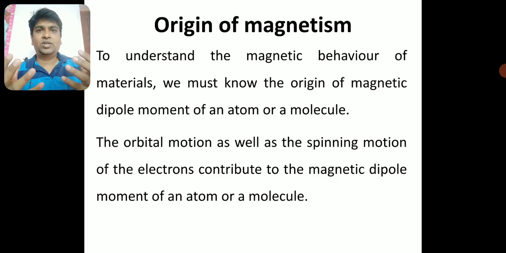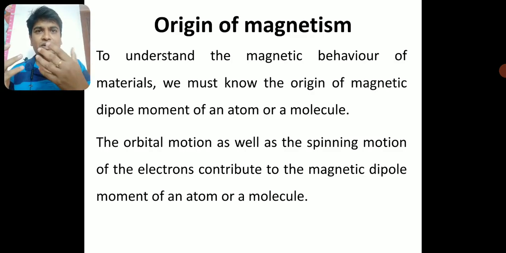These atoms consist of a nucleus, which is positively charged, surrounded by negatively charged electrons revolving in particular orbits. When revolving, these electrons produce a current in a loop. This current produces tiny magnets.